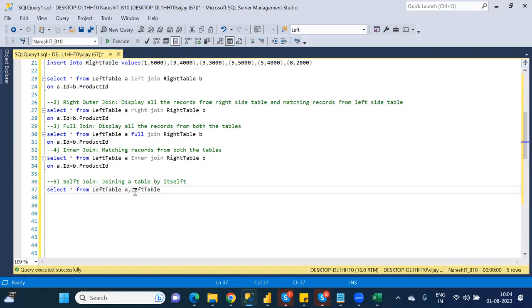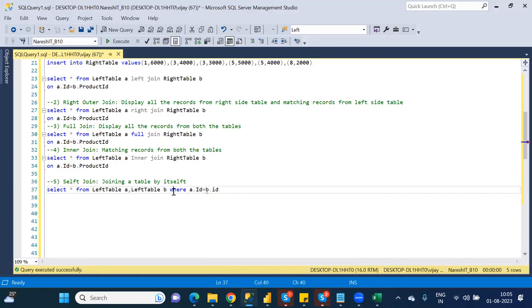And here the alias name is not A, because we already gave the alias name as A, right? B we need to give. Here, the syntax is different, where A dot ID is equal to B dot, not product ID, yeah, the same table we are using, right?